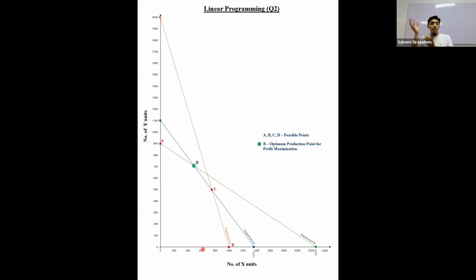When we are assuming the total contribution, you have to assume a contribution which will give you the units closer to the units which you have found using your coordinates, using the constraint lines. Towards the right side only you have to move the line.